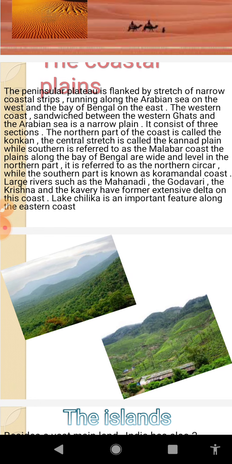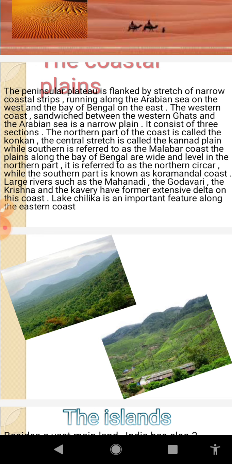The central part of the coastal plain is known as the Kannad Plain. This plain lies in the state of Karnataka. The southern stretch is known as the Malabar Coast, and this part lies in the state of Kerala, from Kerala up to Kanyakumari.